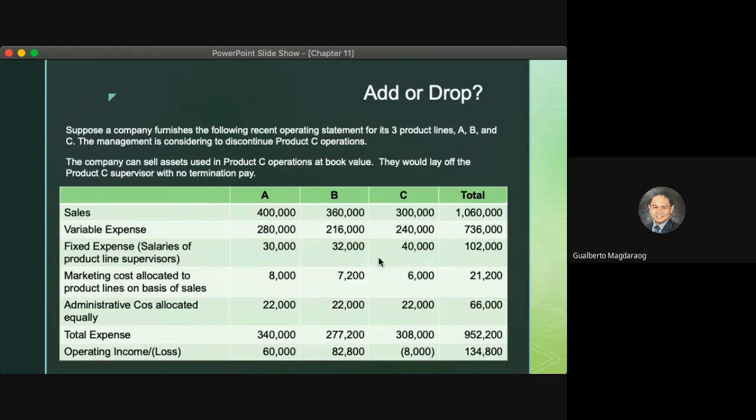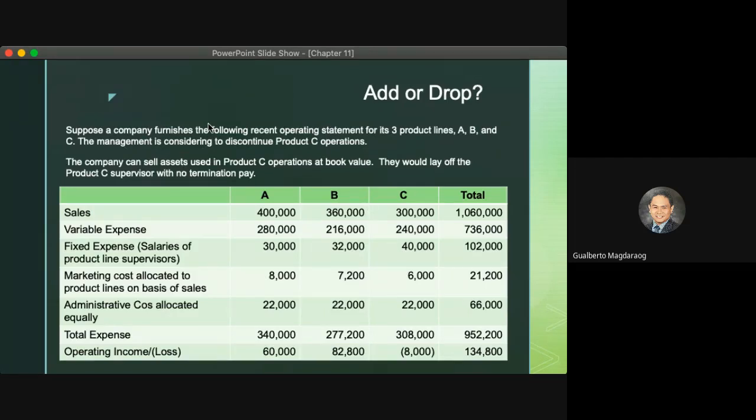Next, add or drop. It's either you will add or drop mo na lang. Parang may resemblance. Mag-a-add ka, mag-a-drop ka. Okay, this is something to do with deciding whether a product line or maybe a segment should be added or simply dropped.